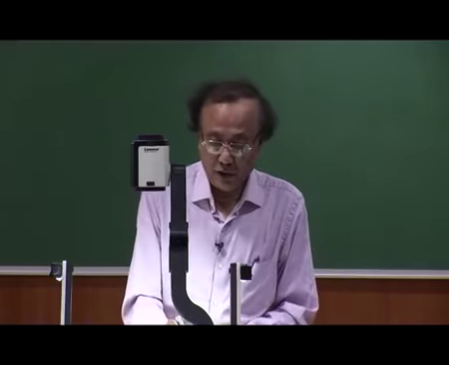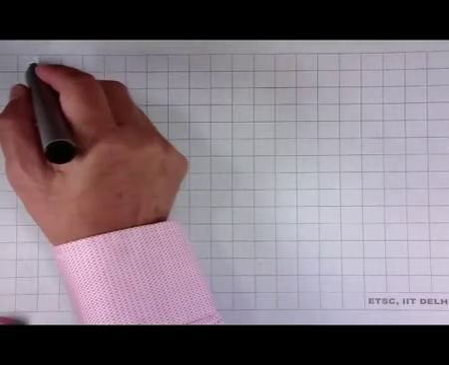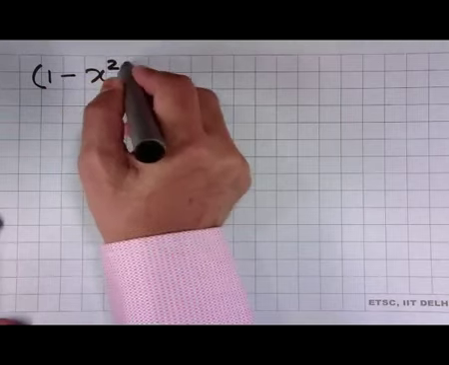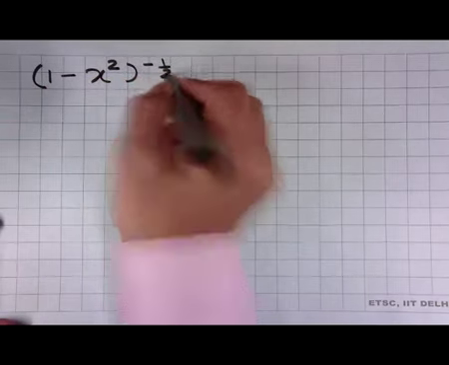We proceed in the following way. Let us first expand 1 minus x square whole to the power minus half.